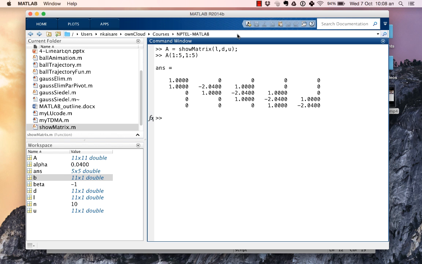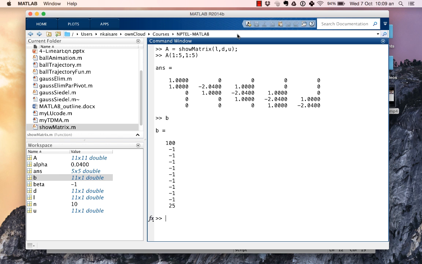Okay, so these are the 5 elements, and this looks exactly as we wanted. Our first row is 1, our second row is 1, minus 2 plus alpha, and 1, the third row is 0, 1, minus 2 plus alpha, 1, so on and so forth. And if we were to print out the entire A matrix, we will get the desired result as well. Let's also print out the B vector. And yeah, so this is the B vector and this is the A matrix.